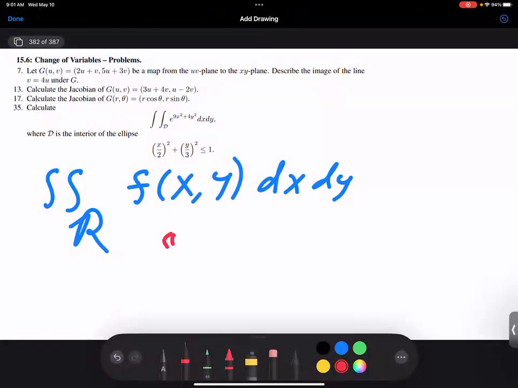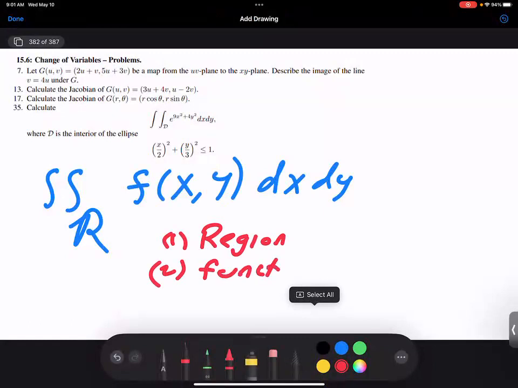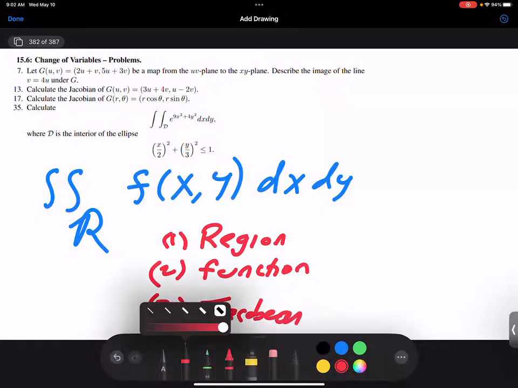And we have 1 is the region, 2 is the function, and then 3 is the Jacobian. So what we need to do in a situation like this is we have to figure out, what does the new region look like? What does the function look like when we change? And what is the weighing that we have to do from the dx dy to the new thing?